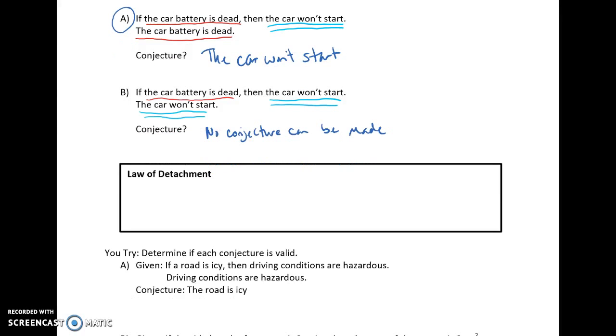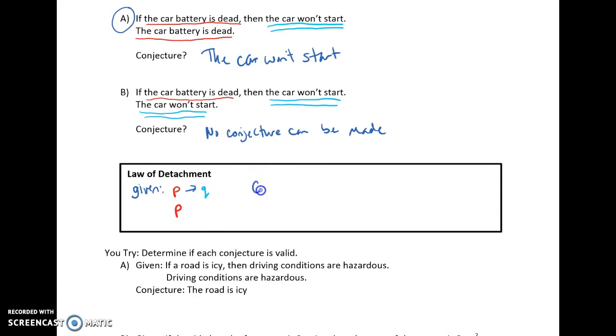So once again, the law of detachment is when you're given information, specifically you're given a conditional, if P, then Q, and you need to be given one additional piece of information, which is that P happens.